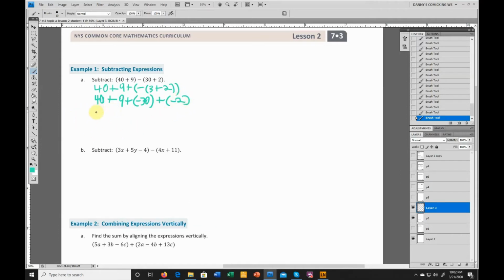That will then become 40 plus 9 is 49 plus, we still have our minus 30 plus our minus 2.